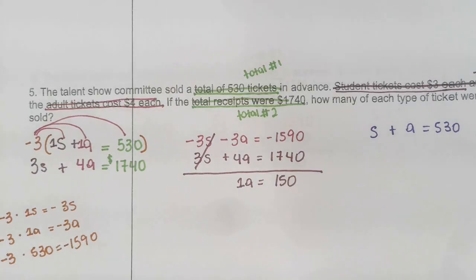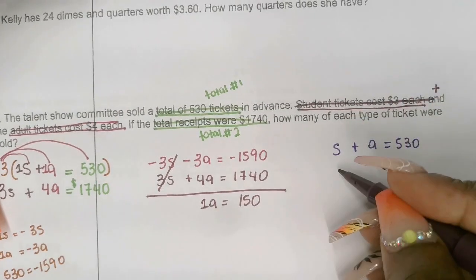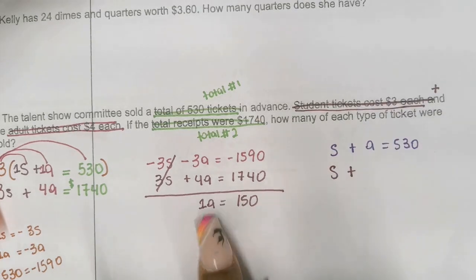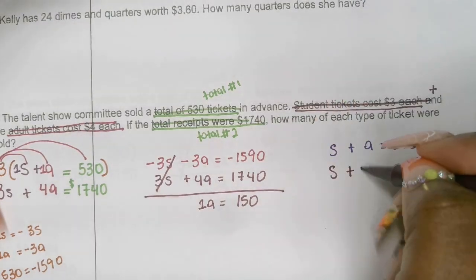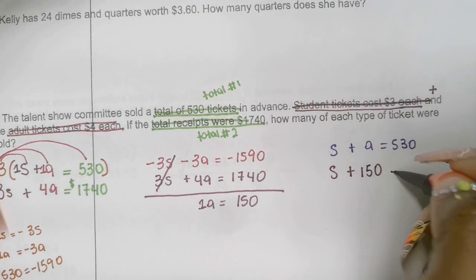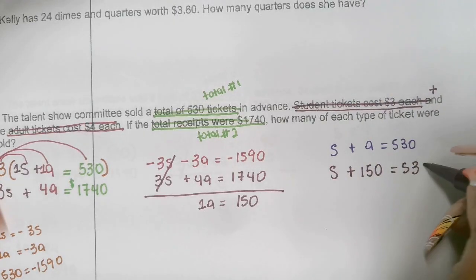We now have to figure out how many tickets they sold to students. And this should be the simplest part of it. So we're trying to figure out how many students, so we put the S plus A represents the 150, because we know the value of how many tickets were sold to adults.